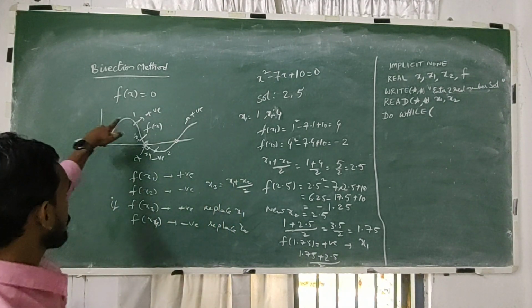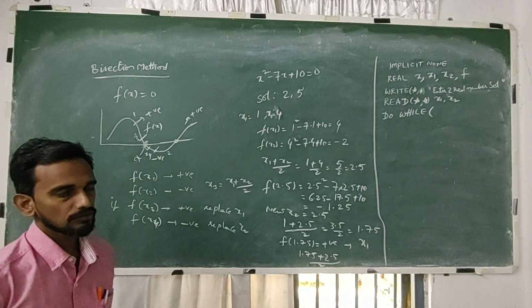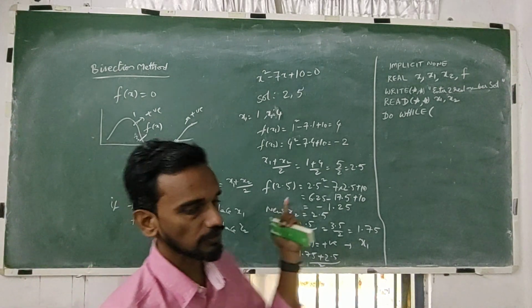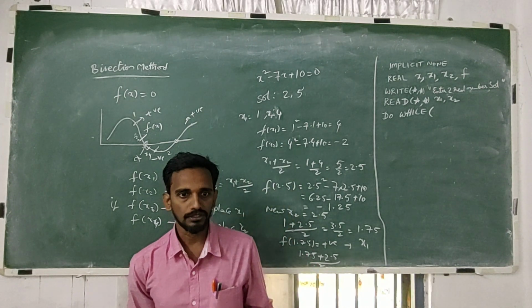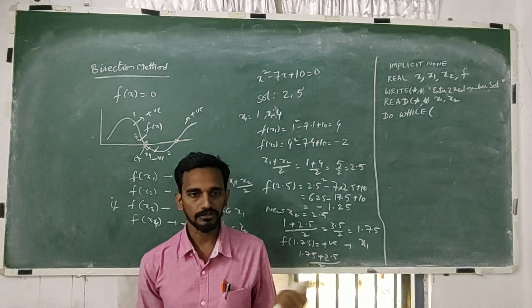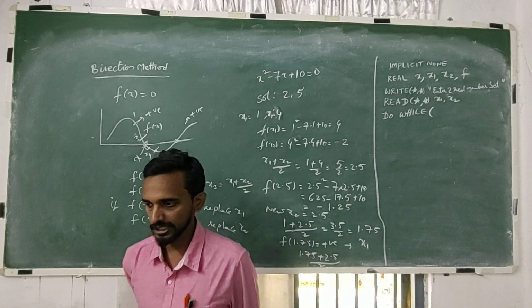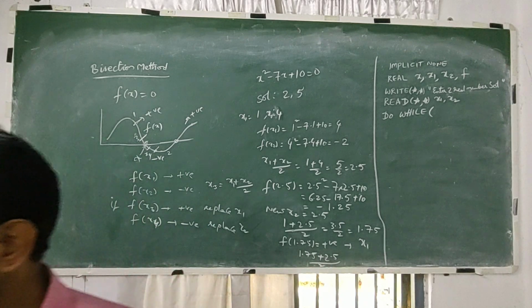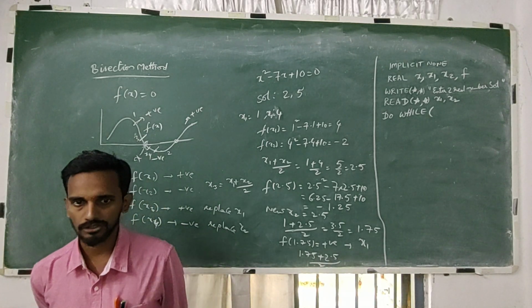Like f of x1 may be positive and f of x2 may be negative. So f of x1 less than 0 and f of x2 greater than 0, or f of x1 greater than 0 and f of x2 less than 0. So is there any other possibility? Is there any shortcut to verify both of them in one shot?